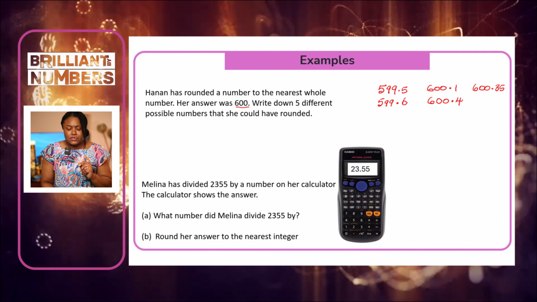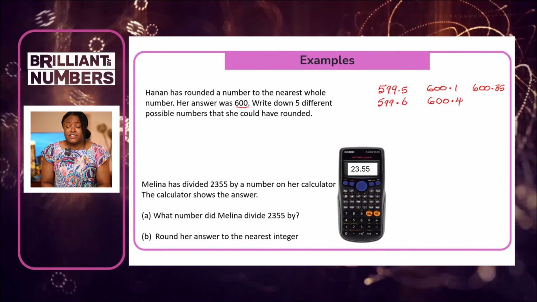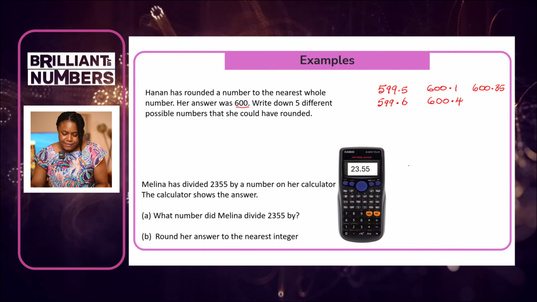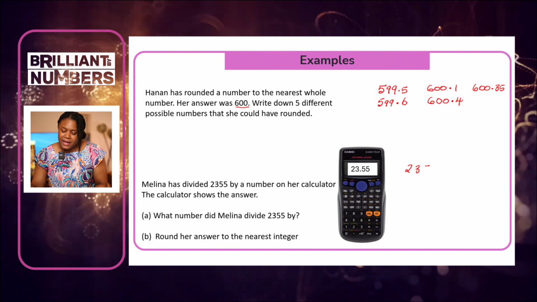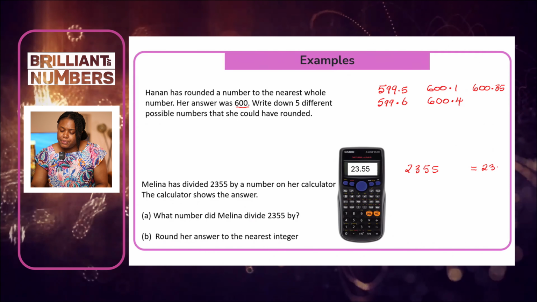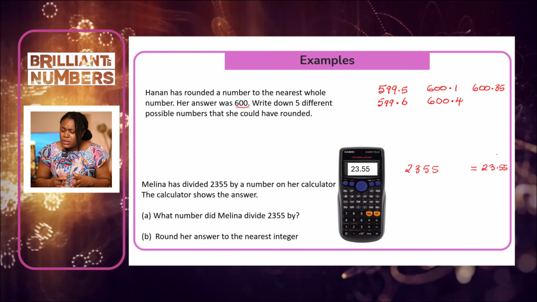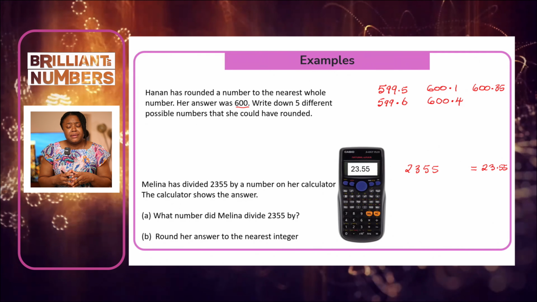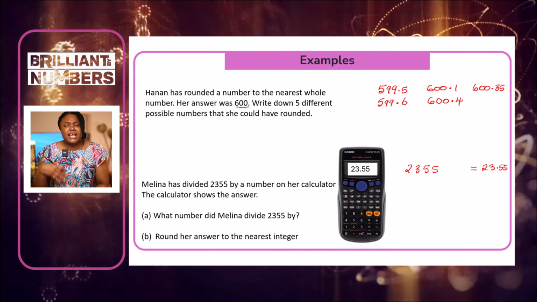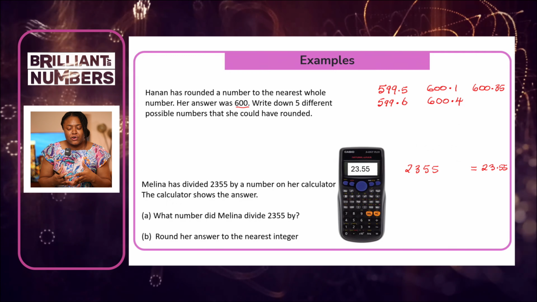Part A asks us, what number did Melina divide 2,355 by? So if I write 2355, the answer she got was 23.55. So I want to focus on how I got from 2355 to 23.55. In some earlier video, I looked at connections and reasoning of numbers.